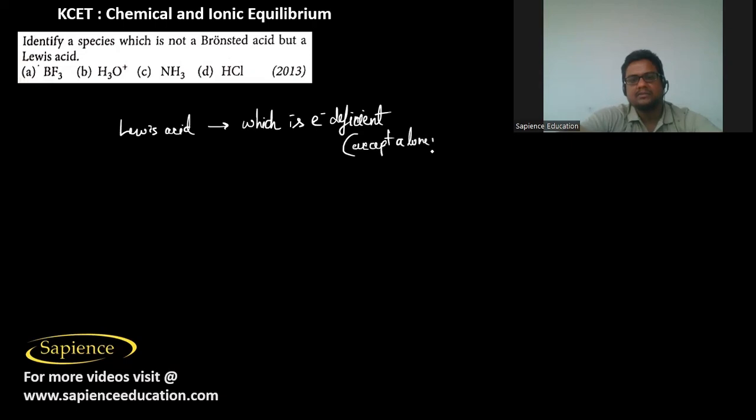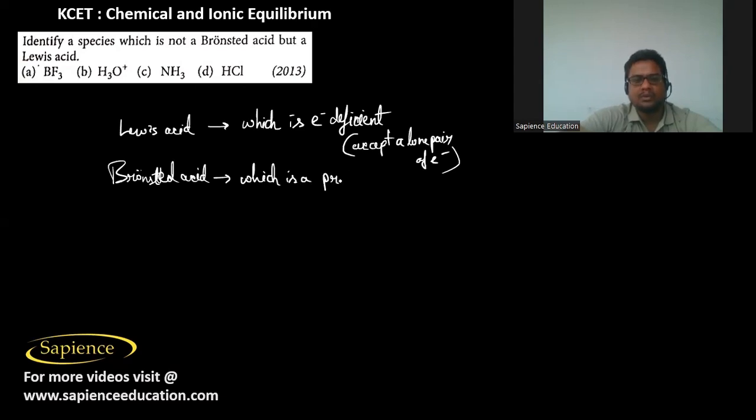And Bronsted acid means which is a proton donor. It's a proton donor, it means it can give H plus ion.